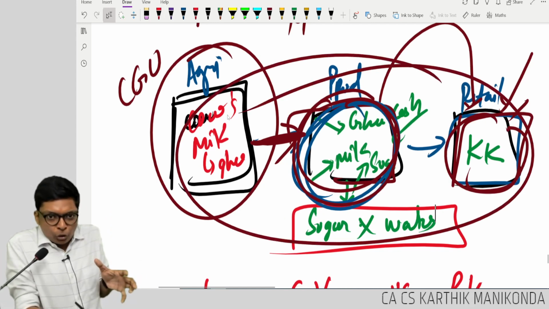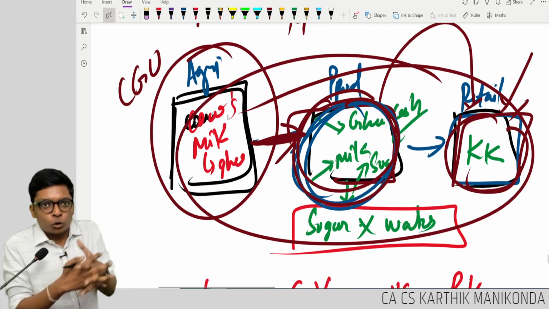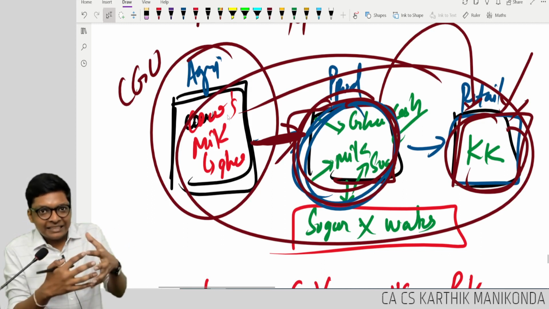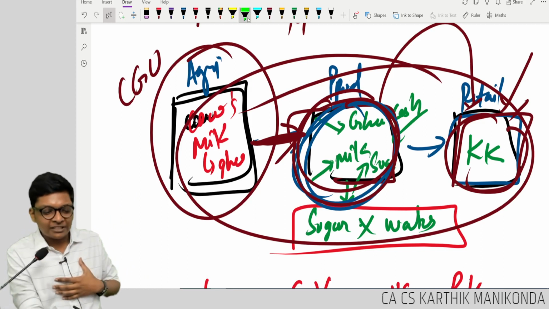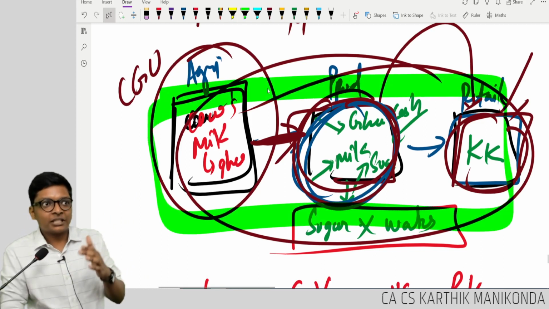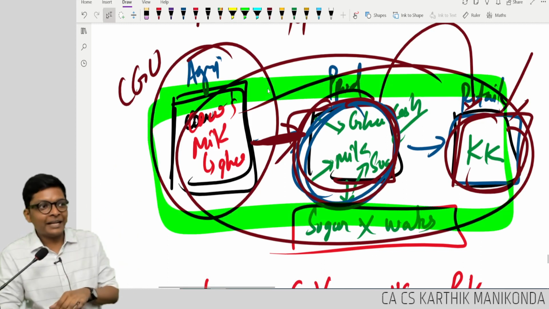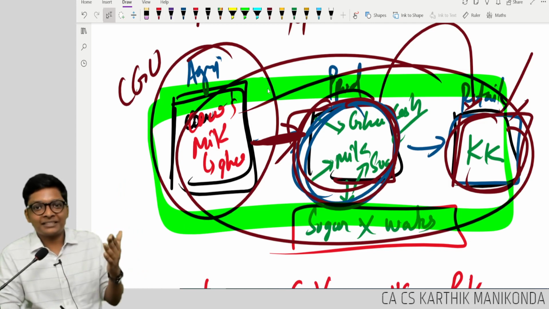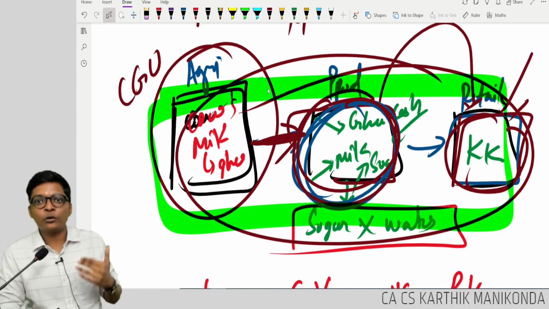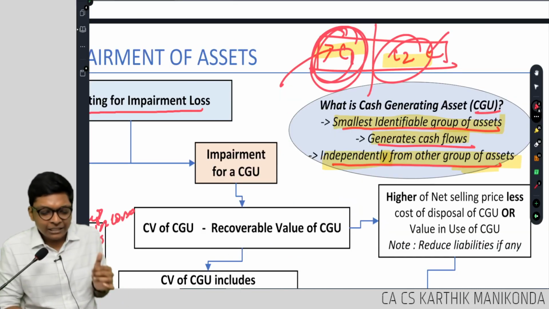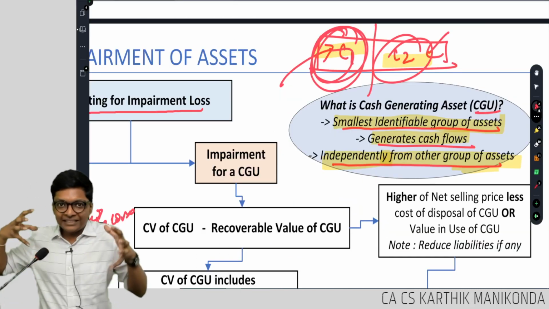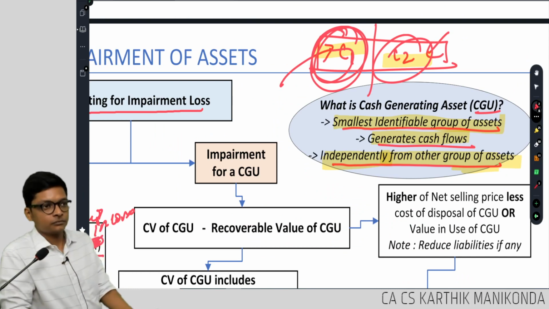All three put together is the smallest group of assets which is generating cash flow independently from other groups of assets. Sir, what's the other group of assets? Srimita will have other branches, branch 2, admin office. Now if the admin office is on leave, I don't care. This unit can generate cash flow for me. So they are trying to say, identify that smallest unit.